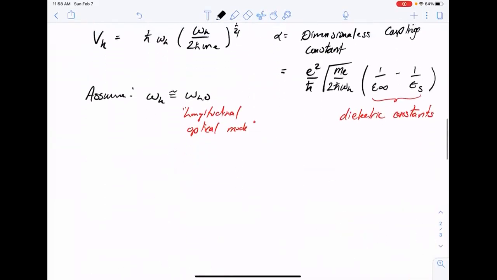It's worth noting that these dimensionless coupling constants for something like a fairly non-polar or very rigid semiconductor are pretty small. So like 0.7 for something like gallium arsenide.